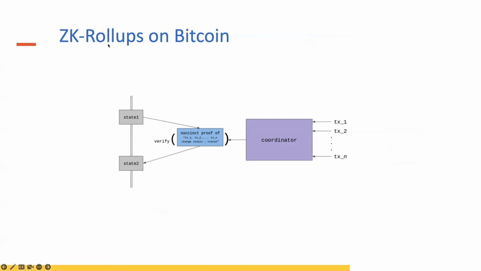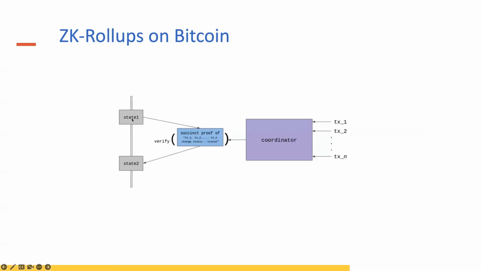Rollups have two variants. One is the so-called ZK rollup, and the other is called optimistic. But we focus on the ZK rollup because this has been hailed as almost the holy grail of Ethereum scalability. What is the basic idea? Let's say you have a smart contract. You can think of it almost like a state machine.